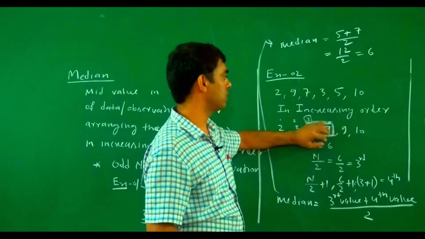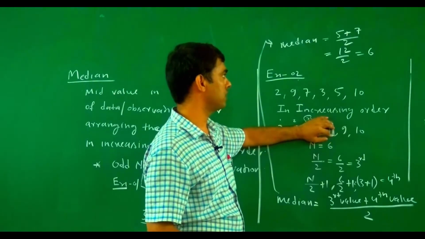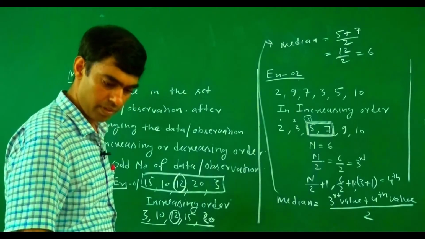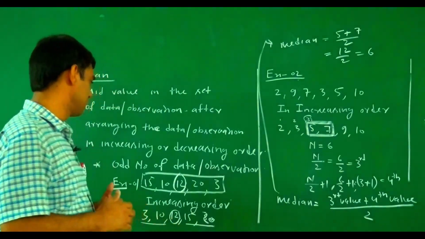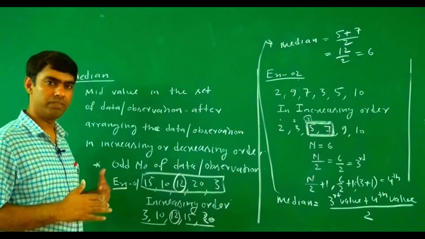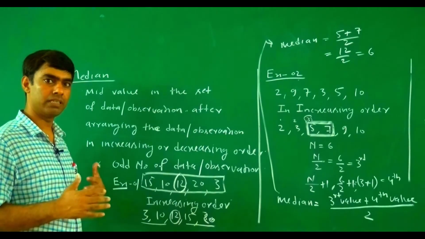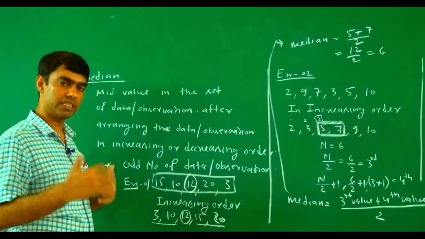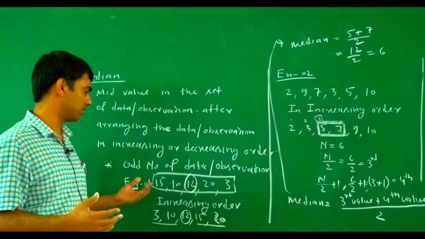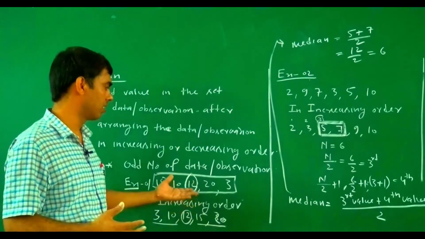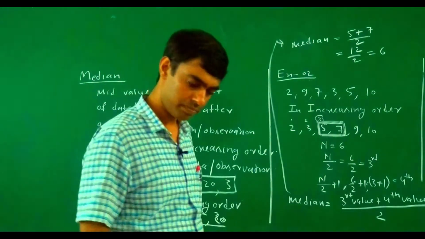If we take the average of these 2 observations, the value becomes 6. This is raw data, meaning we have not arranged it in frequency form, discrete form, or continuous form, and in this raw observation we find the median.